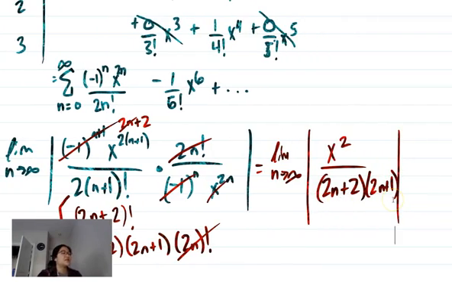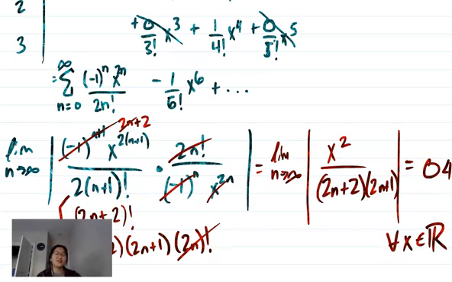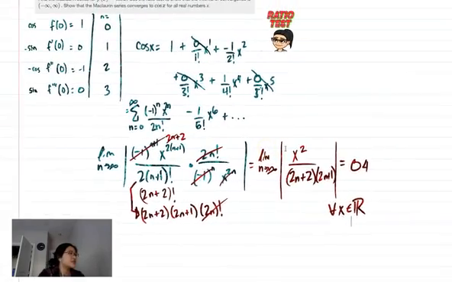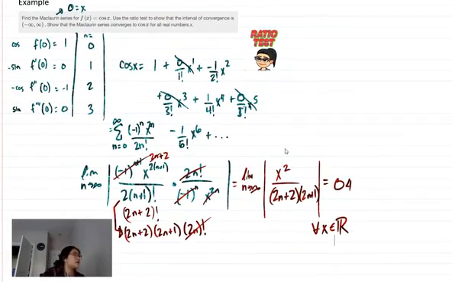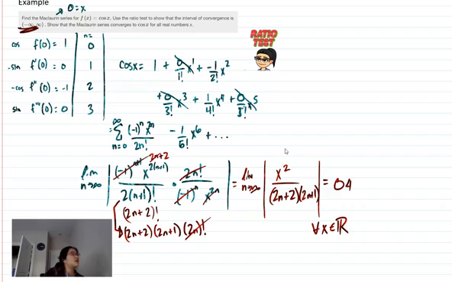That's lovely because our numerator has no n's, and our denominator has n squared. So this is going to give us 0, which is less than 1 for all x's in our real numbers. So that's nice, and we end up with our interval of convergence from negative infinity to infinity.